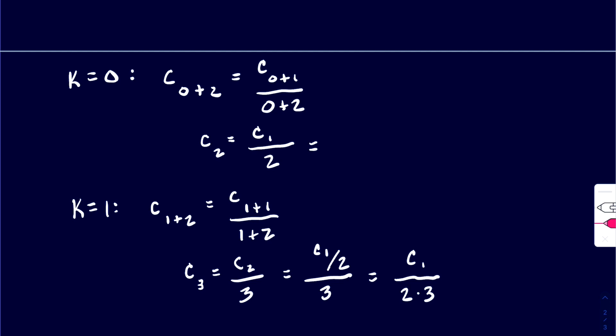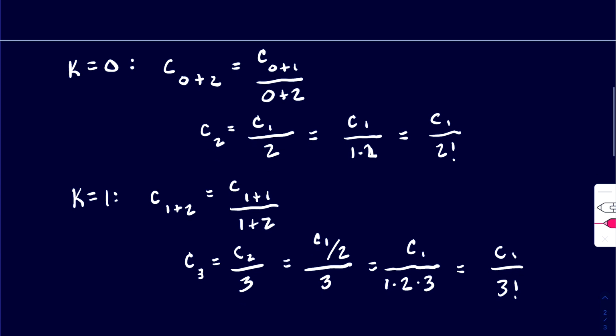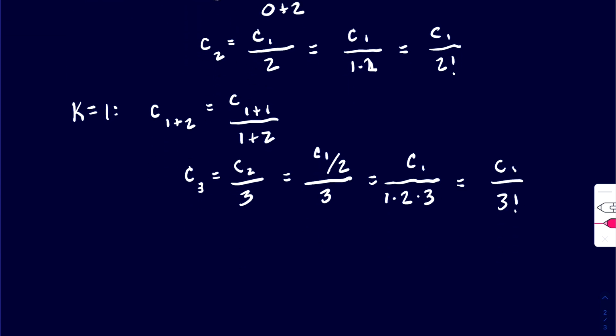Now, coming back to c2, just in case, do you see that we could write this as c1 over 1 times 2? This last one we did could be 1 times 2 times 3. So maybe the formula is going to be c1 over 2 factorial, and this one is definitely c1 over 3 factorial. So let's see what happens when k is equal to 2.